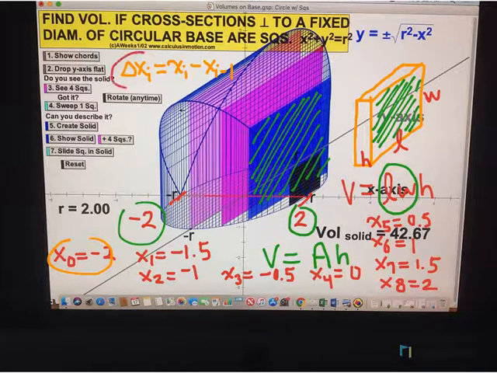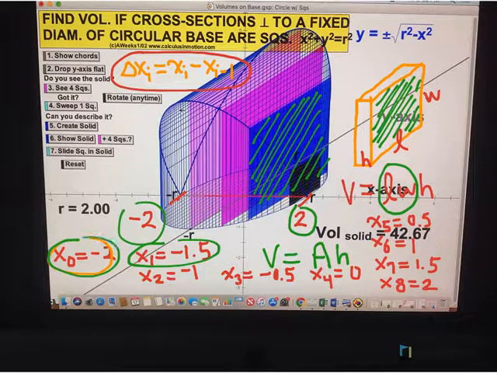The width of each subinterval can be found simply by subtracting the x-coordinates of consecutive partition points. So for example, the width of the first subinterval can be found by taking x sub 1 and subtracting x sub 0 from it. -1.5 minus -2 is 0.5.